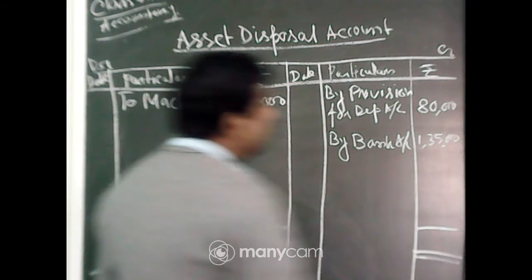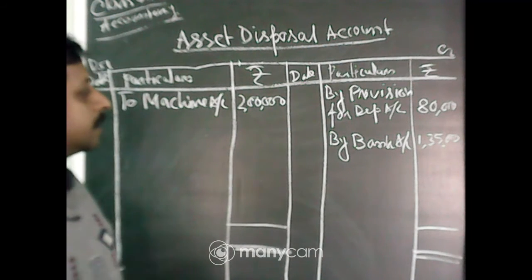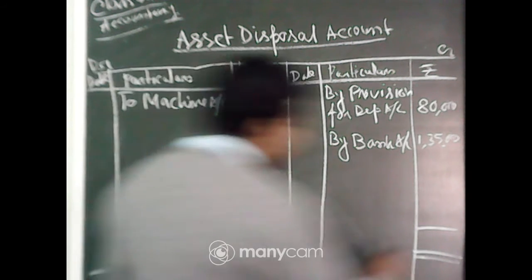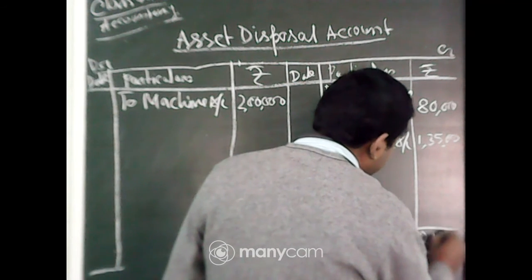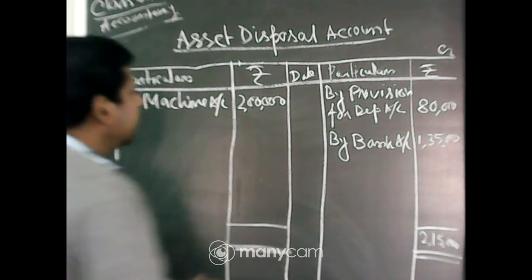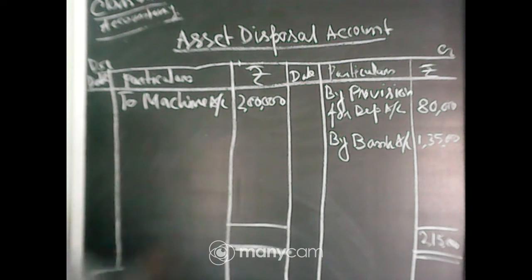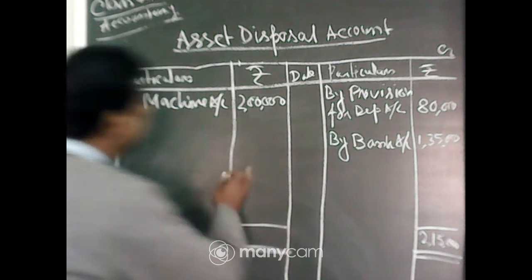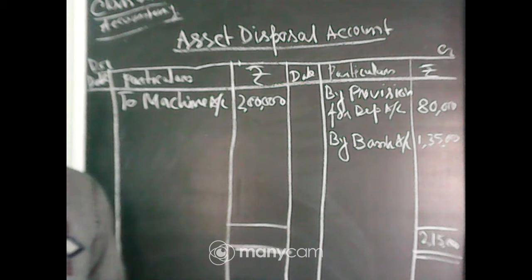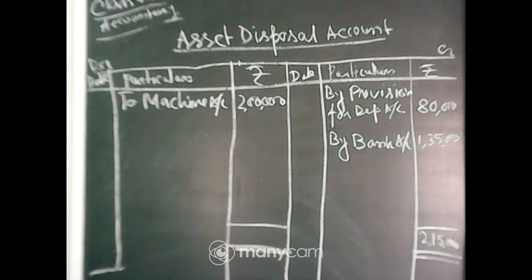So here, what would be the balance? 80,000 and 1,35,000, that is 2,15,000. 2,15,000 is the credit side total, and on the debit side there is 2 lakh. So the debit side is less than the credit side. If the debit side is less, it means there is a profit.